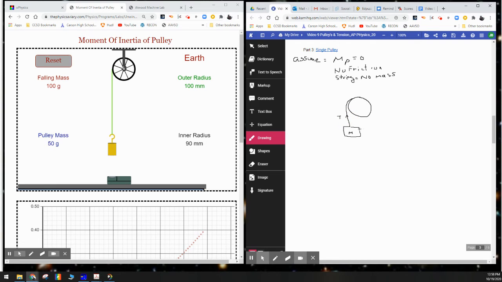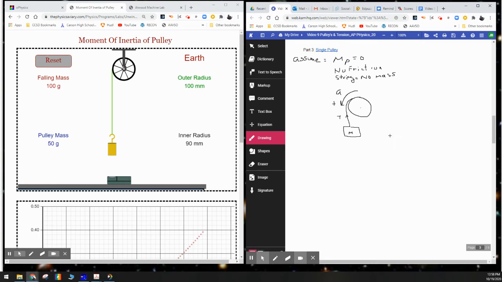When we release it, it falls in this direction and begins to rotate this way. Whichever way it rotates, we'll take that to be the positive direction, so it accelerates in this direction, and we'll make it positive.